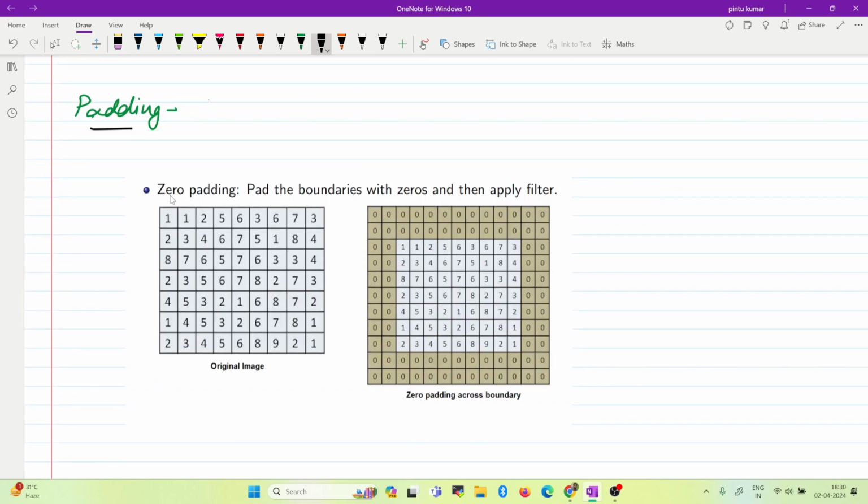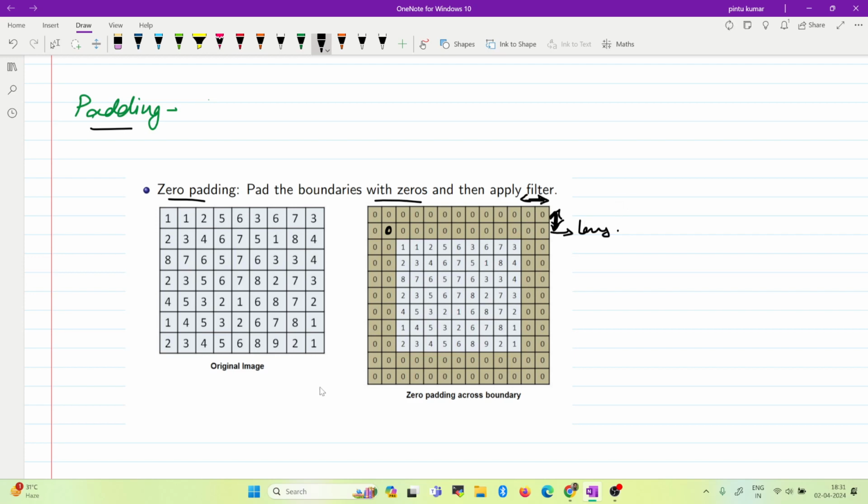One option of padding is zero padding. For these values you replace them with 0. This is zero padding of length 2, so you have added 2 extra rows and 2 extra columns with value 0.